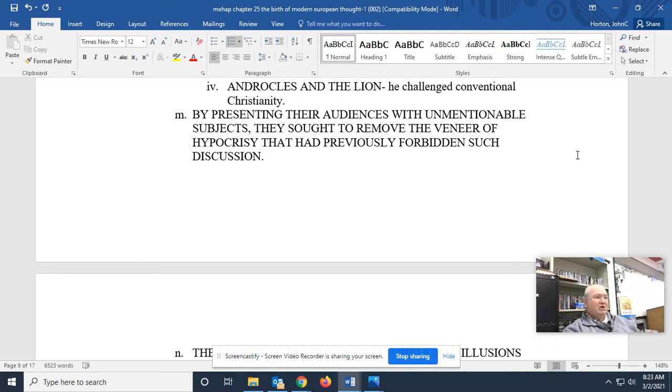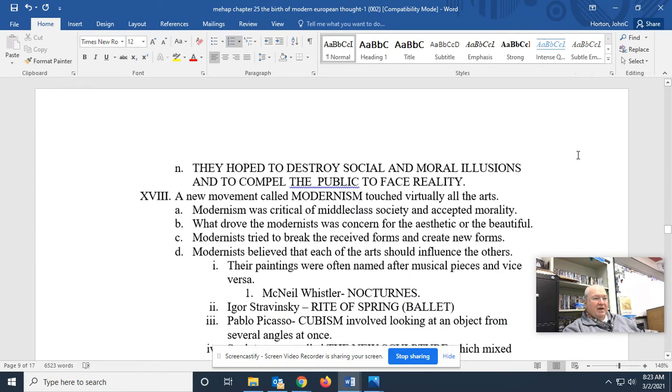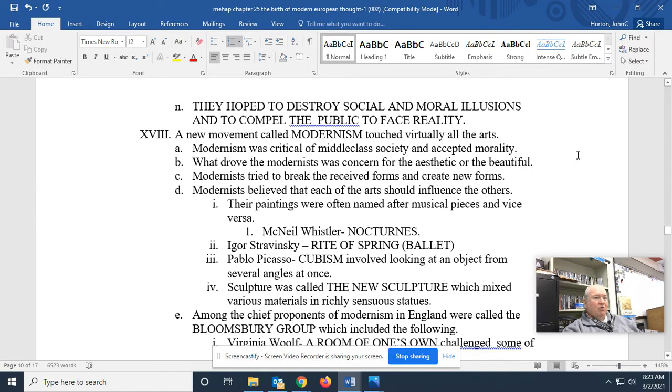He did not go to jail because his case was that the woman wore an attractive see-through dress. And, of course, that kind of thing wouldn't fly anymore, but it did in the 1970s. And so, yeah, they hoped to destroy social and moral illusions and to compel the public to face reality.